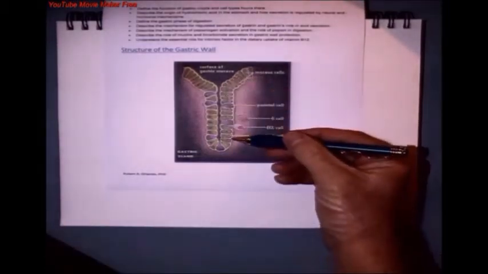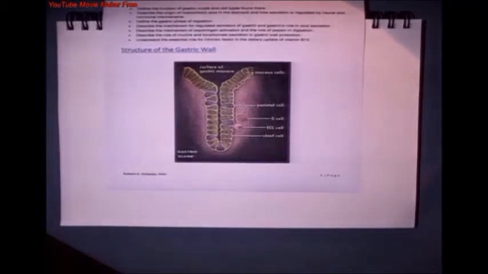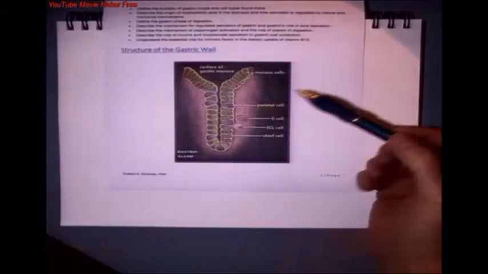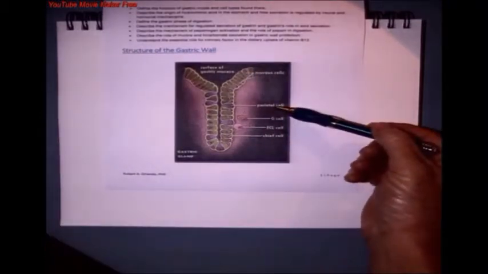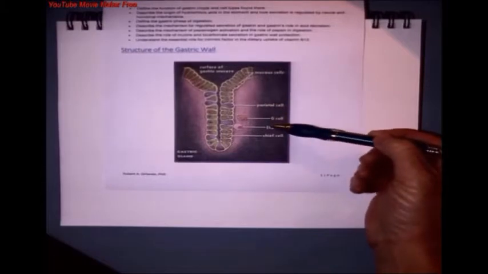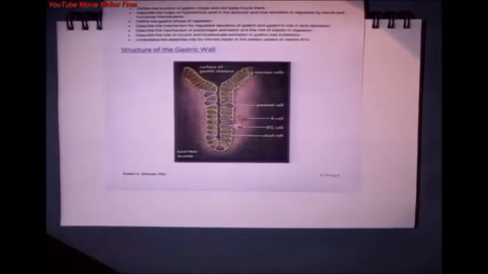Everything in the gastric pits is the business end of the stomach. So these are the particular cells that we're going to talk about: the parietals, the G cells, ECL, and chief cells. Those are the primary secretory cells that produce the factors involved in digestion.